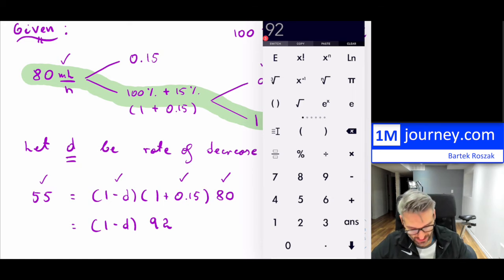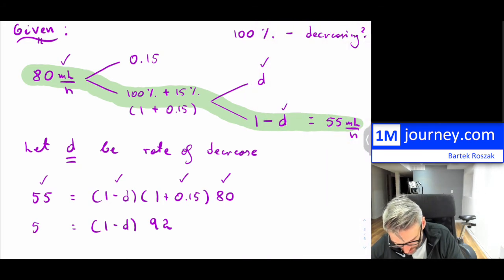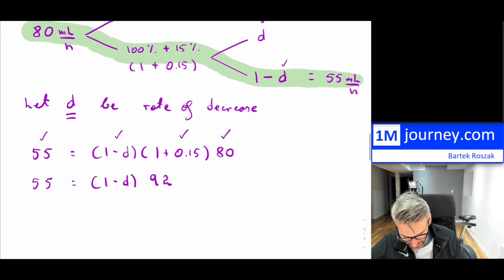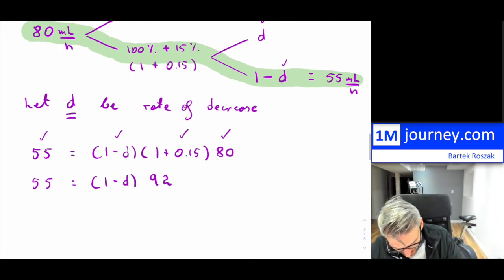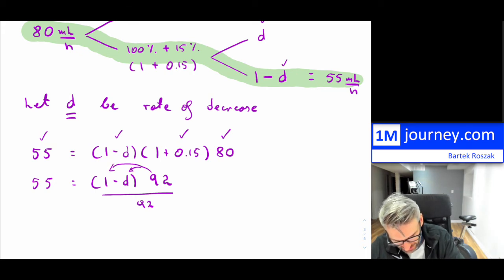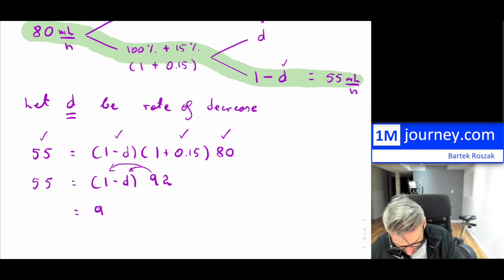But then, as they said, the doctor wants us to reduce it back to 55, and we want to find out what this little d is. I can divide both sides by 92, or I can bring this 92 inside of the brackets. That's up to you which way you go. I'll bring it inside the brackets here.